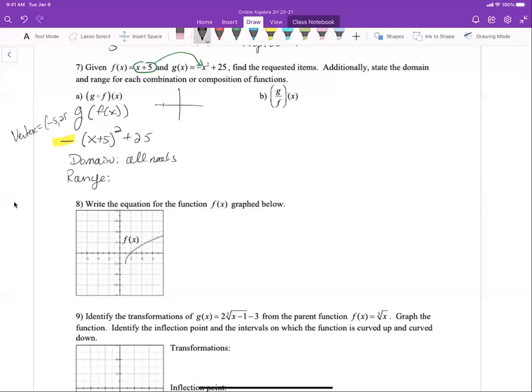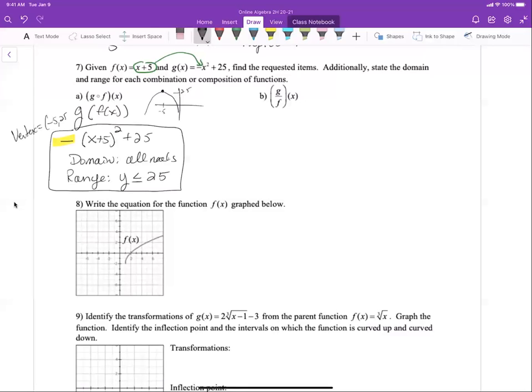So I have to go to -5, and you think about this, 25, there's my vertex. So it has a maximum because of this reflection. And so this range is y is less than or equal to 25. Okay, so this is the answer.